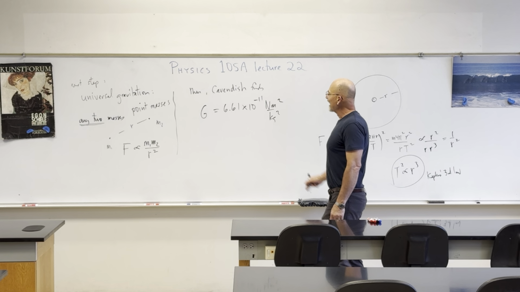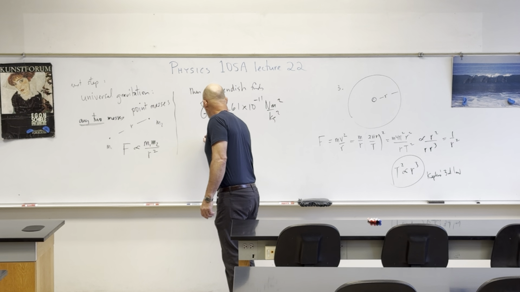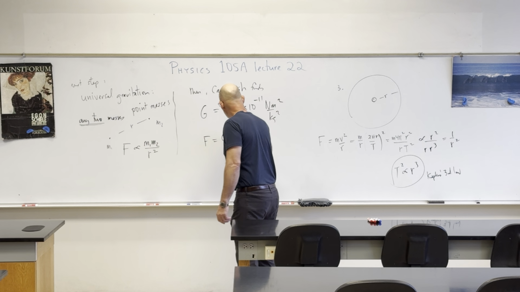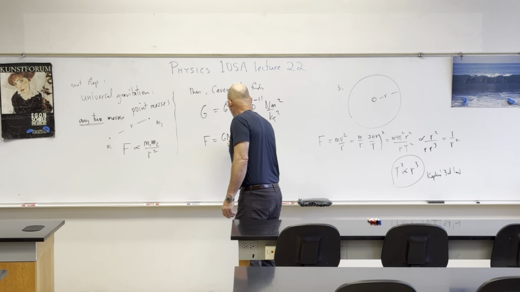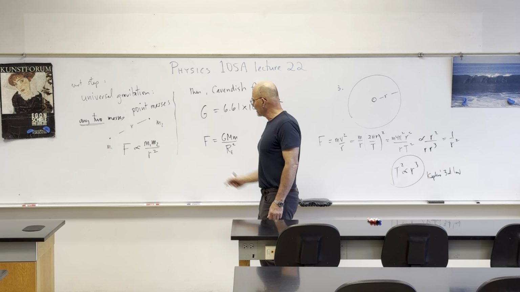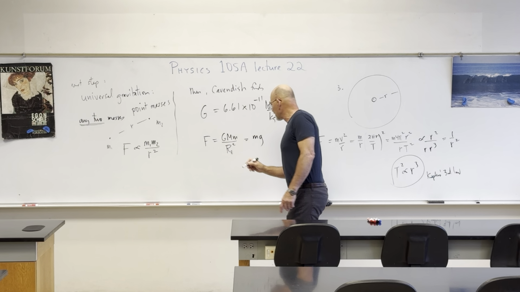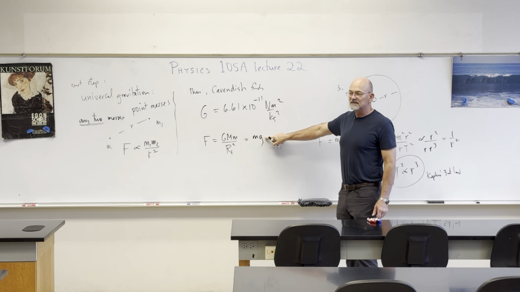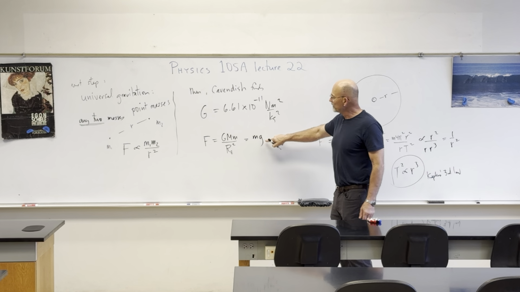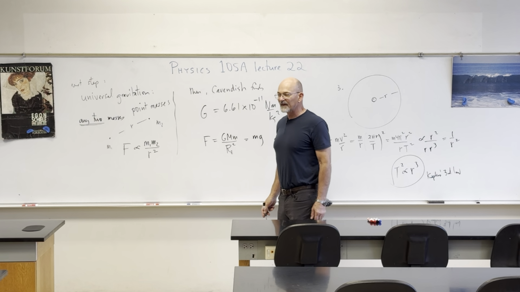But having found that, then we finally have F equals G, I'm going to do it this way, M times capital M over radius of Earth squared. You have that point mass property too by then. And if you call that your weight on the scale, bathroom scale, so to speak, then you would see that you've got the unknown for the mass of Earth and the mass of any central body.